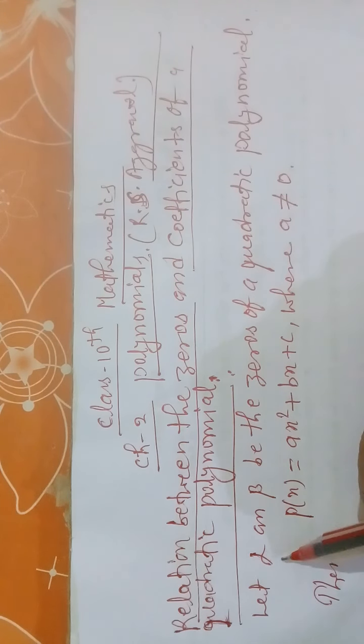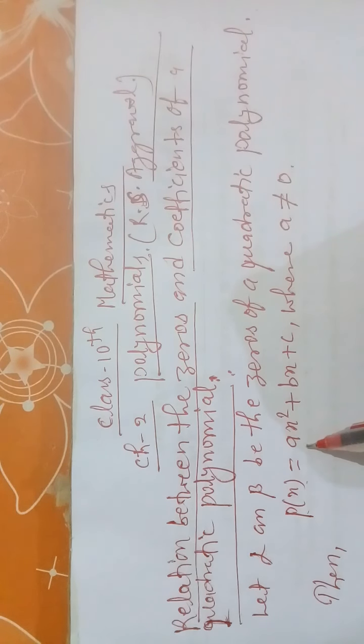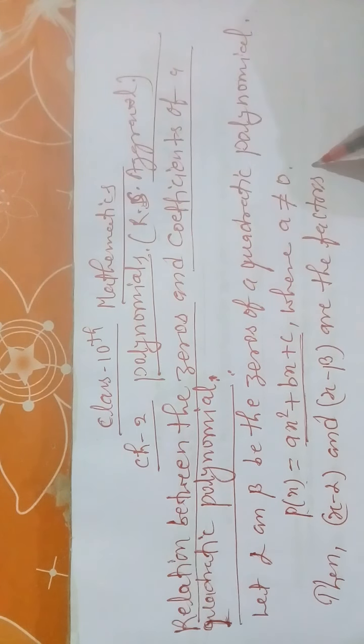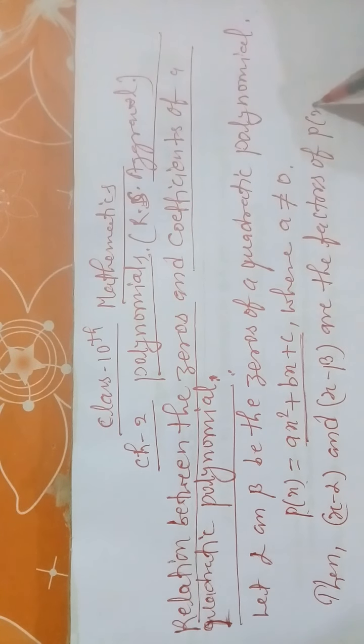It means alpha and beta give the factors of this polynomial p(x), ax square plus bx plus c. So the first factor is x minus alpha and x minus beta are the factors of p(x).